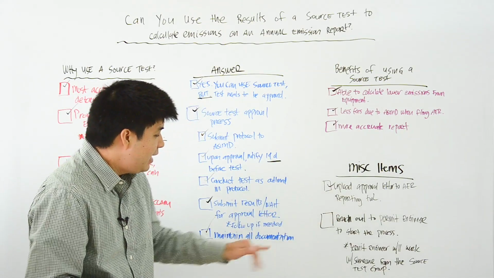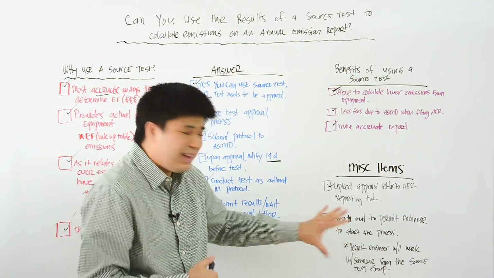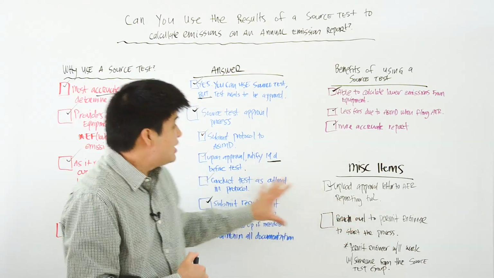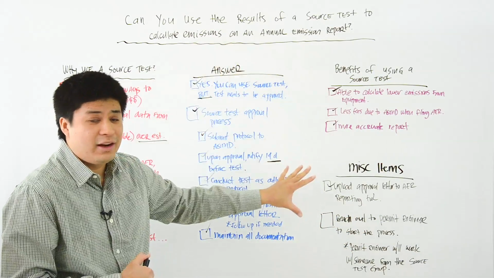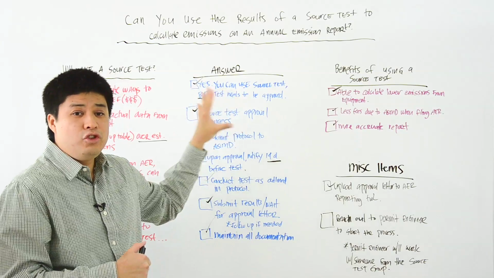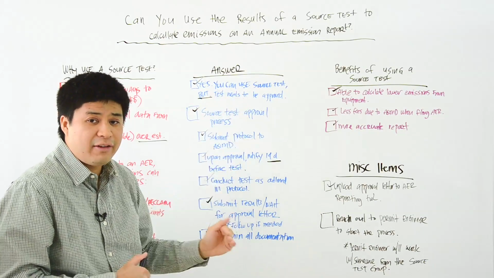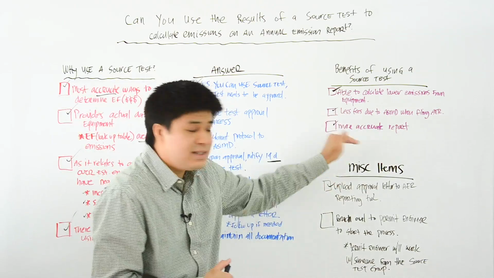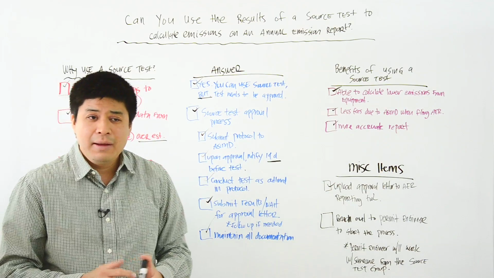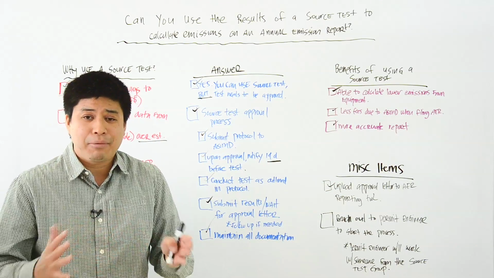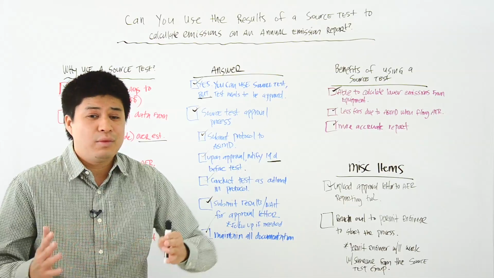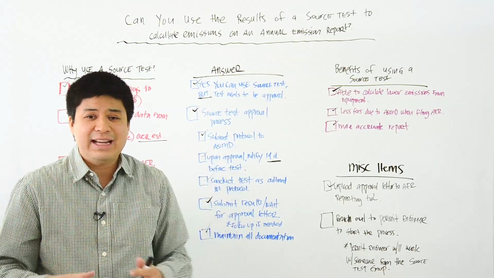A lot of the questions that we get is, okay, this is fine and well. We know that, yes, we want to do this. We want to get a source test approved so we can lower our emissions, pay less fees, and have a more accurate report. But how do we start the process? Where do we go? The AQMD is such a large agency.